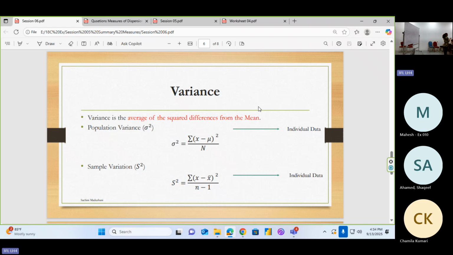Then assume you need to get the variance. How do we get it? I calculated the standard deviation. How do we convert the standard deviation to the variance?